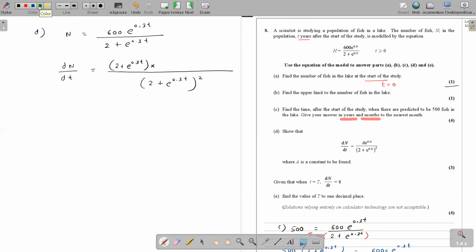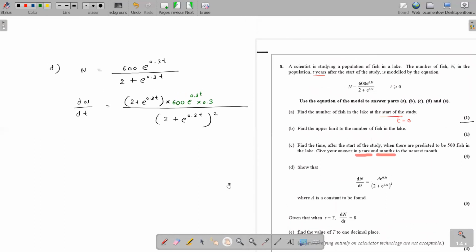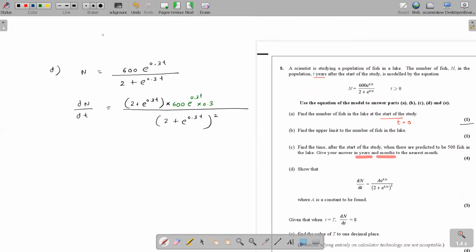The numerator is 600 e to the power 0.3t. 600 is a constant, and the differentiation of e to the power 0.3t is e to the power 0.3t, the same thing, times the differentiation of the power, which is 0.3.